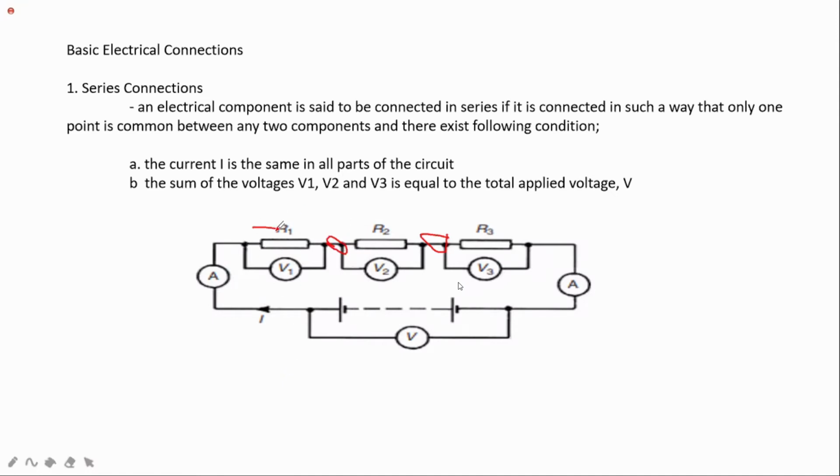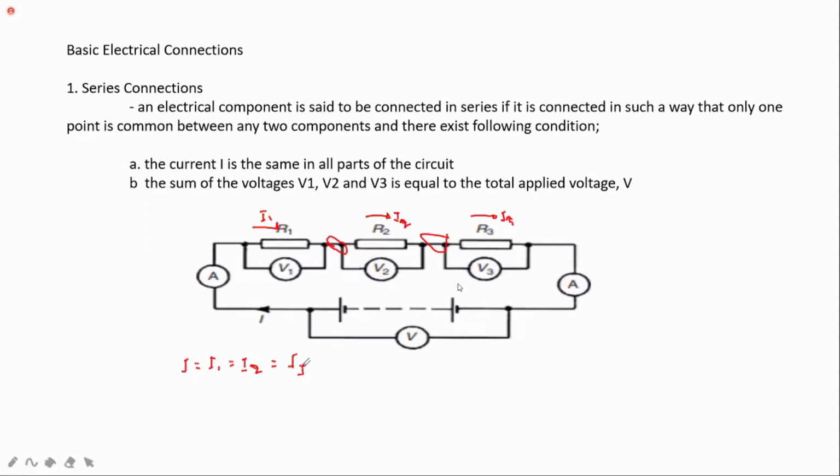So current here, call that I1, current here, call that I2, and current here, call that I3, should be equal. No? So they should be equal for that to be considered series. So that I total, call that I, is equal to I1 equal to I2 equal to I3.